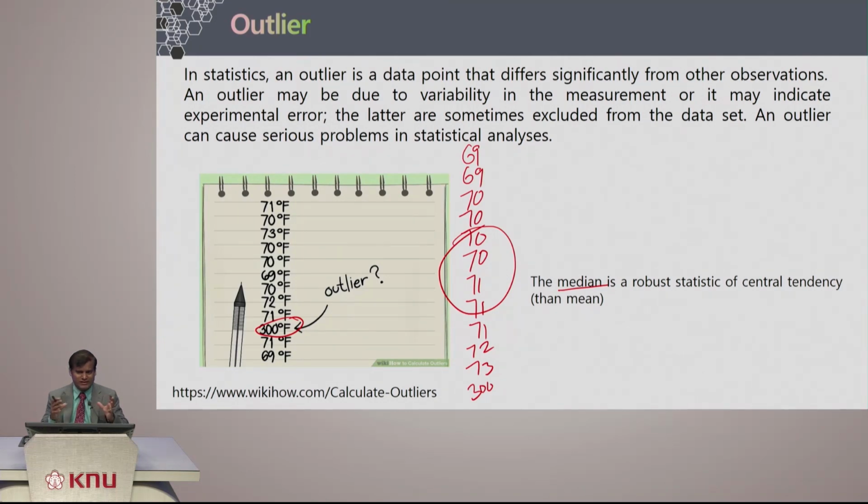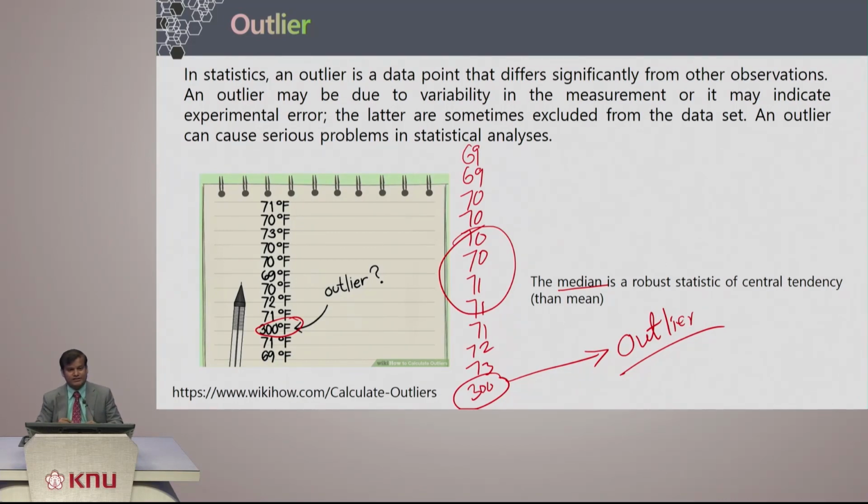It can give us the central tendency, but this one, 300, is an outlier. And that's an odd one out from this observation.